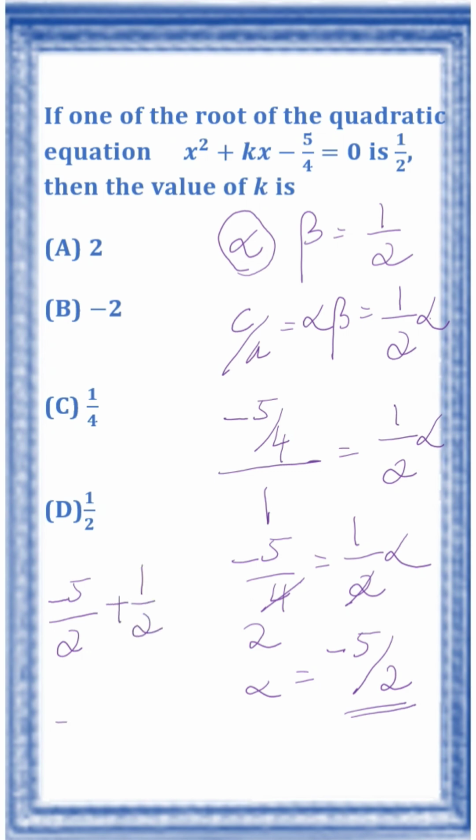That is equal to negative of 4 by 2, that is equal to negative of 2, that is equal to negative of k by 1. So negative of k is equal to negative of 2. k is equal to 2. So option A is correct.